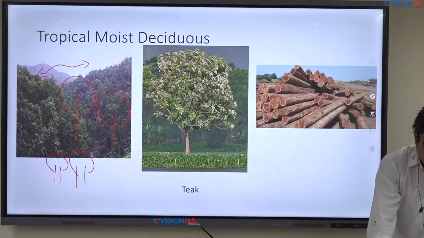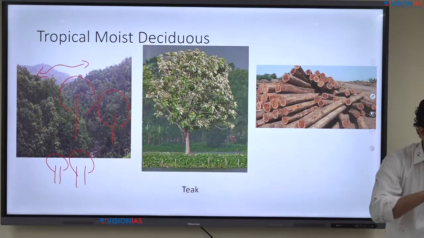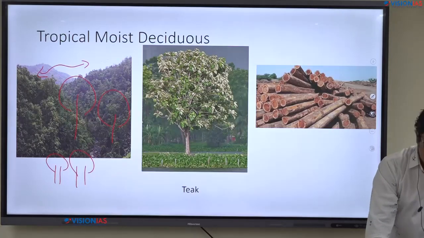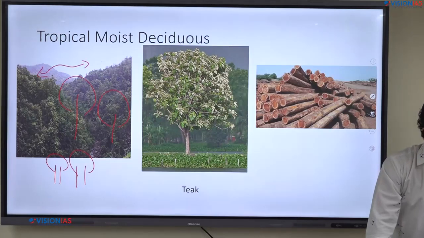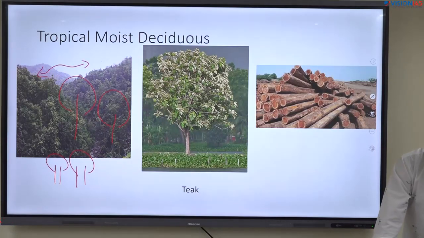Tropical moist deciduous forest presents an irregular top story. It means the forest looks non-uniform. There is variation in the height of the trees. Some of the trees are up to 25 meters, some can reach up to a height of 60 meters. There is variation in the height, no uniformity. These forests occupy a much larger area than evergreen forest, which you yourself have seen in the map.